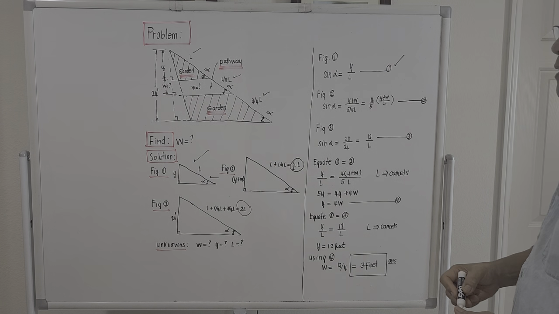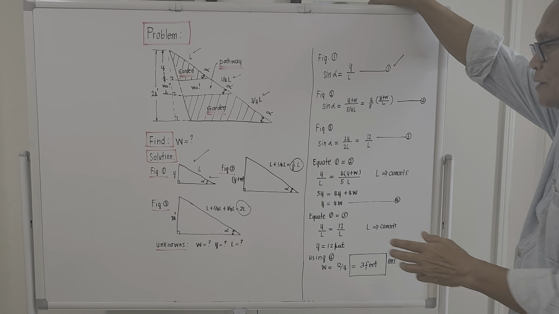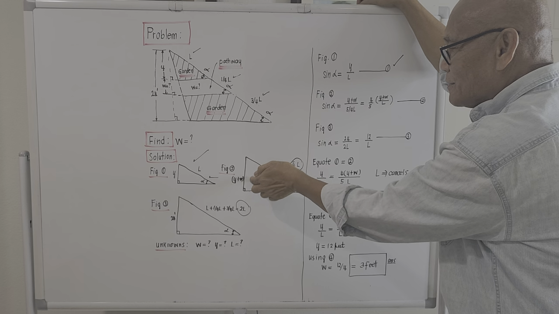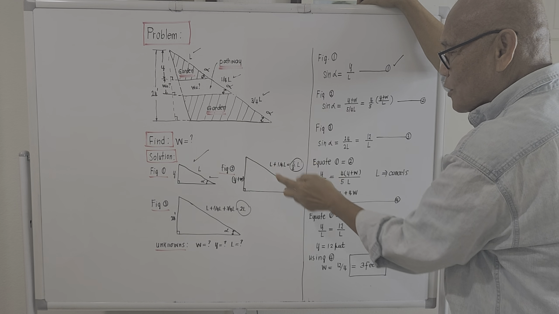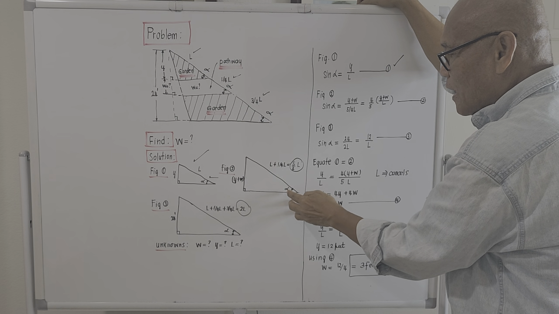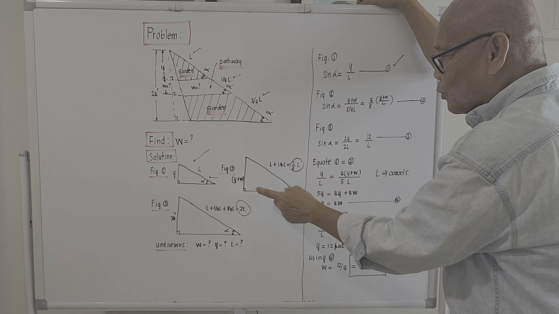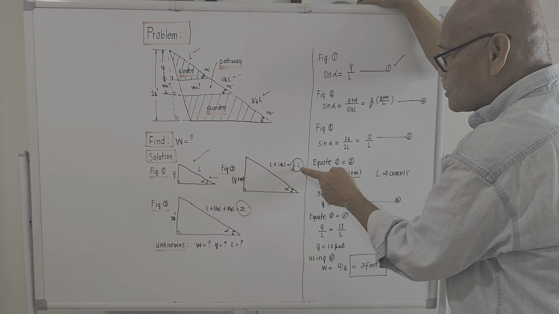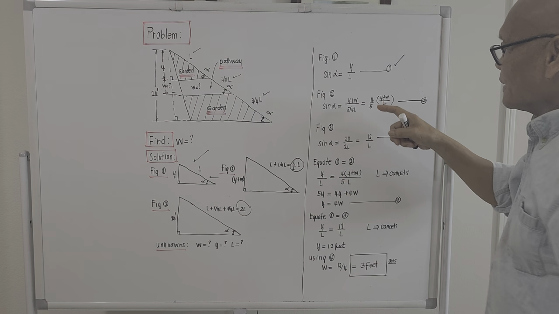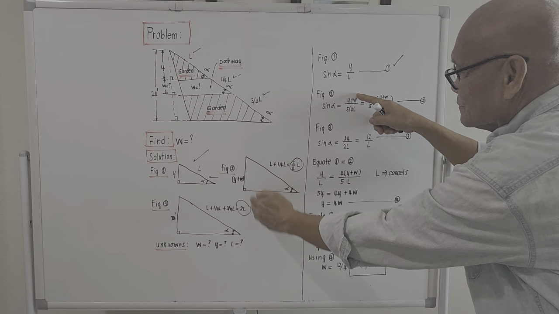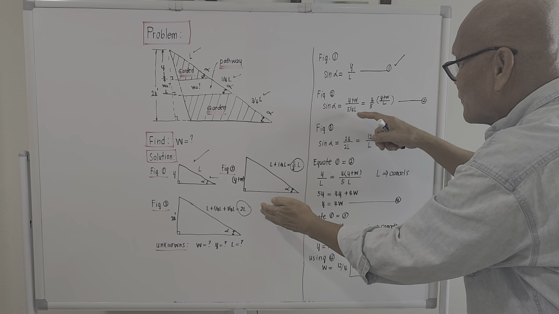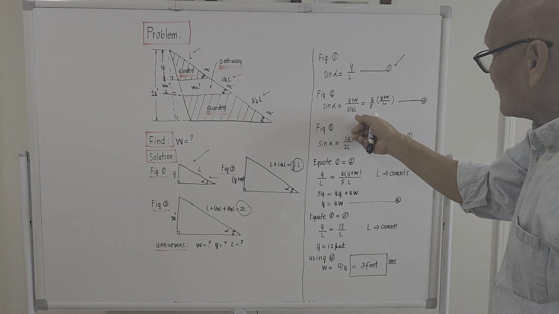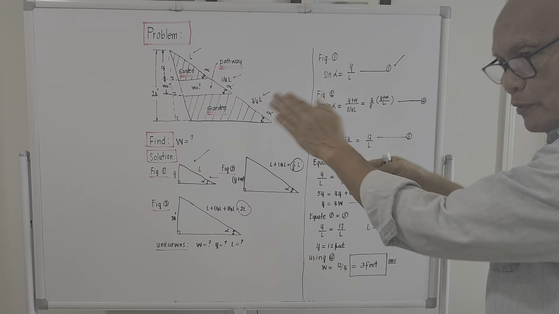From figure number 2, considering alpha, this will be the opposite side, this is the hypotenuse. If we take the sine of alpha, it will be the ratio y plus w all over the total hypotenuse, which is 5 fourths L. So it will be y plus w all over 5 fourths L. If we simplify, 5 fourths has 4 at the bottom, so we take the reciprocal.